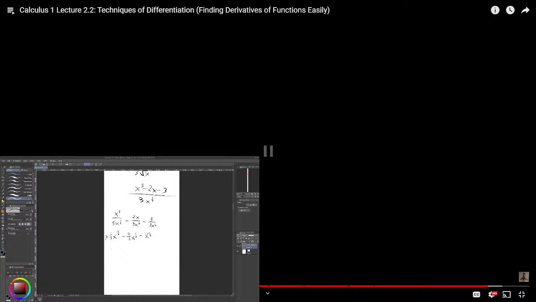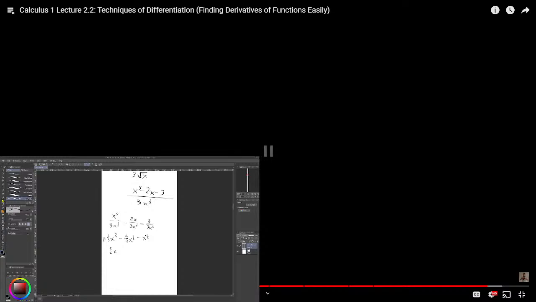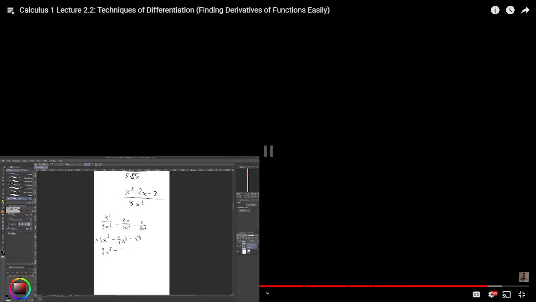So what would this be? 9 over 6? 1.5? X? I guess improper, that would be 3 halves x. 7 halves, minus 2.